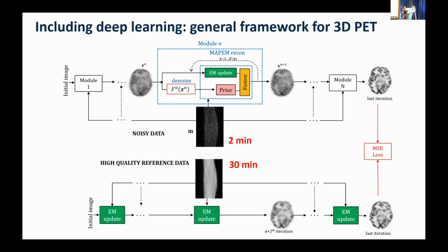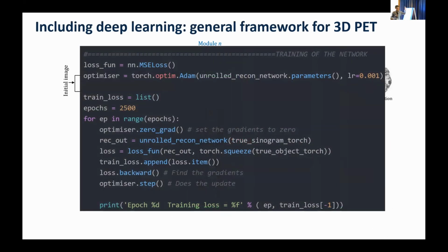That allows us to define a so-called loss function, where what we can then do is update the parameters of our trainable CNN in such a way that when we run that network, the output matches the high quality one. So this is where we take the gradient of the loss function. This is where we do what's known as back propagation, which is just gradient descent updating of the parameters of the CNN.